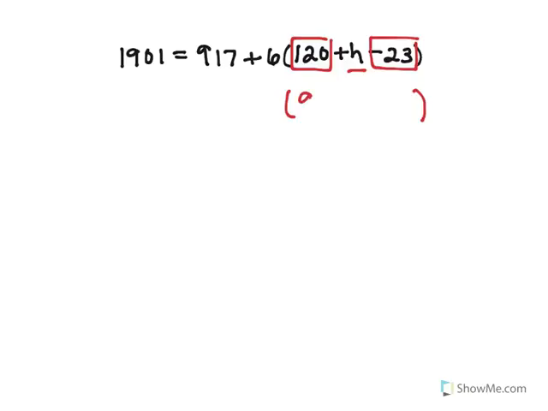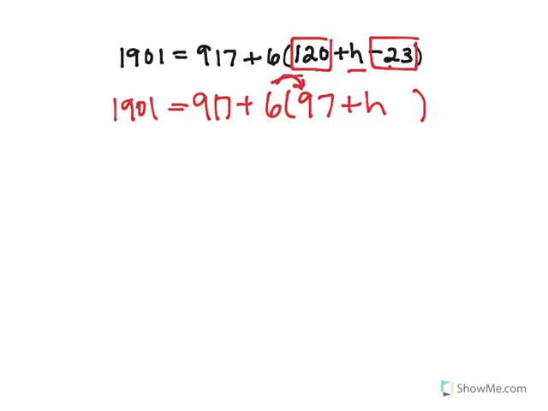So I'm going to end up with 97 plus H inside the parentheses, and then everything else in the equation stays the same. It's easiest if I combine these two numbers within the parentheses before distributing. You could have also distributed first.